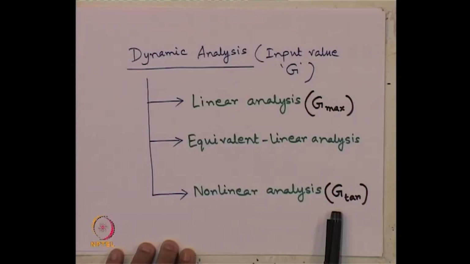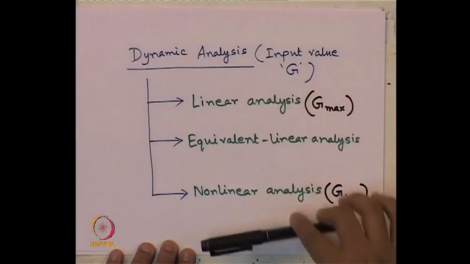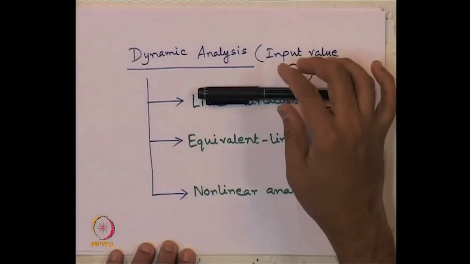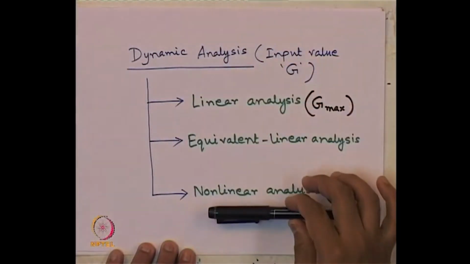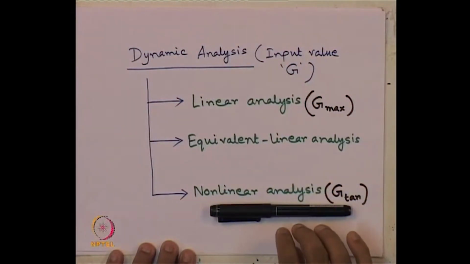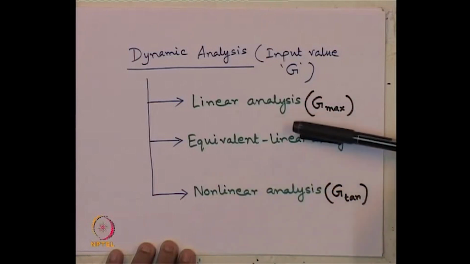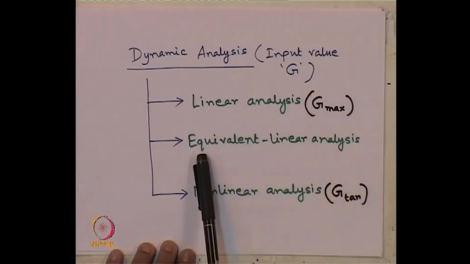G no longer remains constant, it keeps on changing from point to point. So, to compromise between these two extremes, that is the simplest analysis of the linear model and the complex analysis of the nonlinear model, something in between has been formulated which is known as equivalent linear analysis.